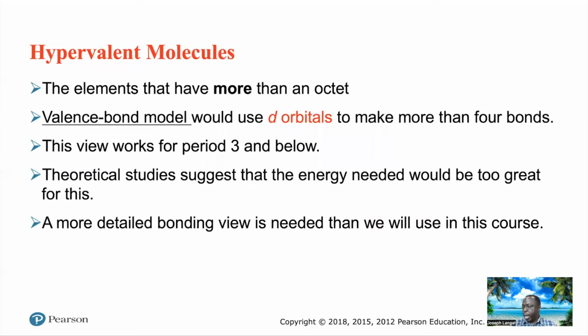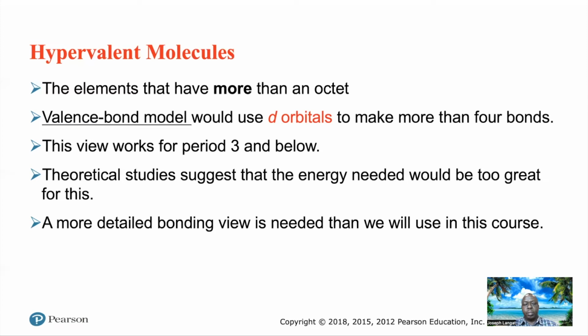Hypervalent means atoms with an expanded octet. Elements that can take more than 8 electrons, meaning you can have 10 electrons on the central atom. This is because of the d orbitals. Remember, the d sublevel can take a maximum of 10 electrons.